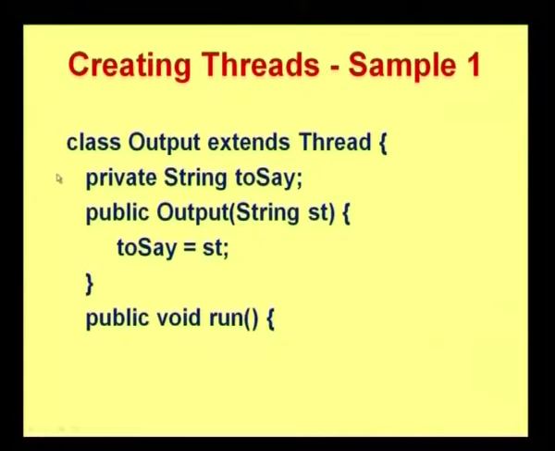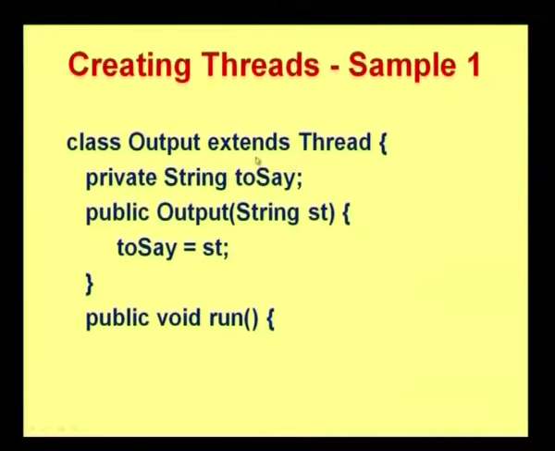You can see here we have a sample program, we have a class called Output which extends the Thread class. This class is available in the lang package. I am having a string variable called toSay. Here this is the constructor of my particular class. You can say that this particular class is also a thread.